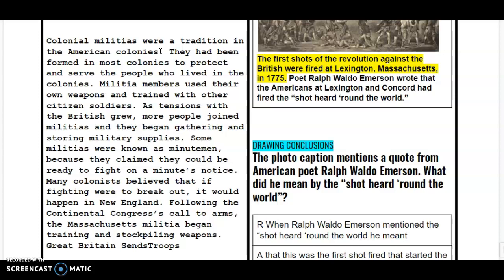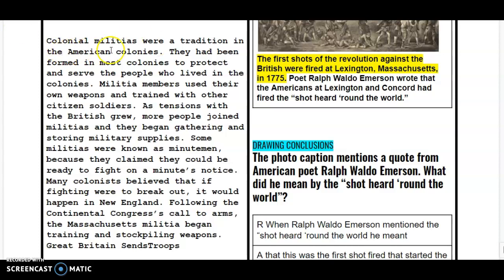Remember the first time we heard about the militia forming was during Bacon's Rebellion, when Nathaniel Bacon got his friends together and went out into the woods and started fighting the Native Americans.